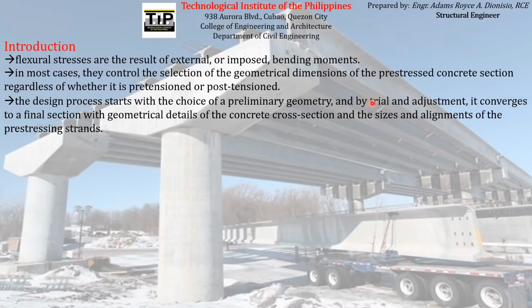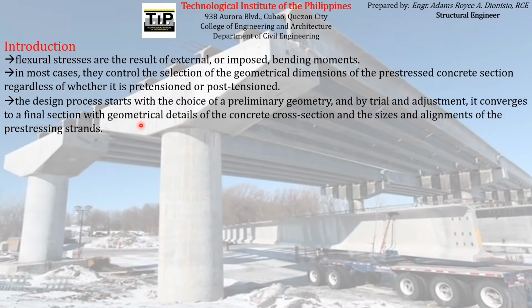you will just have to make what we call trial and adjustment to that particular preliminary section that you have assigned initially until it converges to a final section with geometrical details of the concrete cross-section and the sizes and alignments of the prestressing strands that can address the effect of the flexural stresses that will be induced on the flexural members such as beams. So actually that is basic knowledge on the design process.